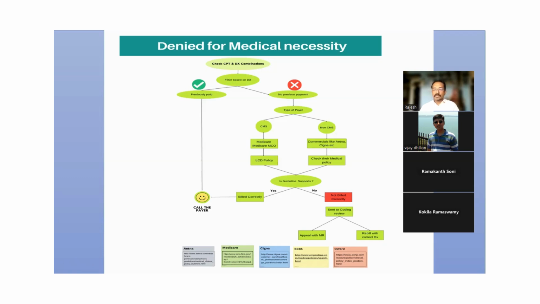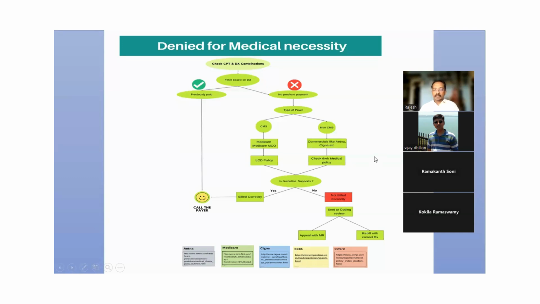You have 12 different diagnosis codes, and your primary diagnosis code may be in the third or fourth place in the pointer, which you need to identify. If it can be moved into the first place as the primary diagnosis, you have to move it so that this claim can be billed as a corrected claim. So who can do that? You can send it to the coding department and ask them to review and fix it. That's what we need to do.